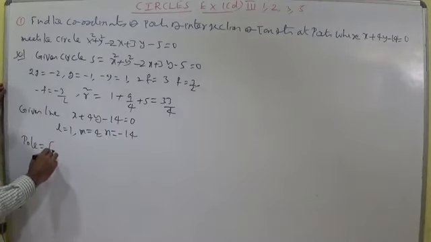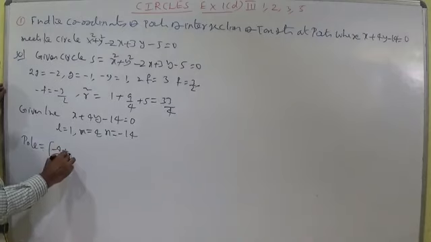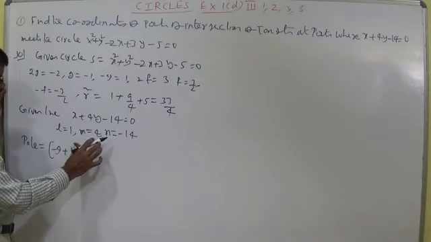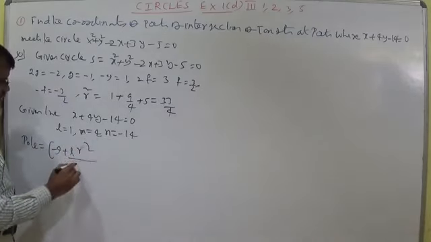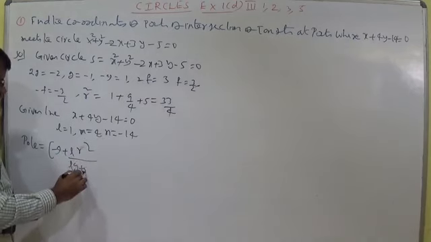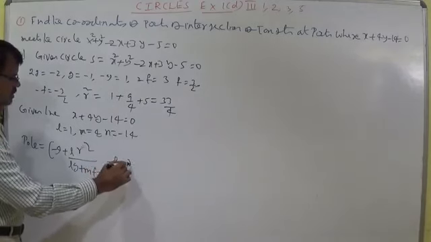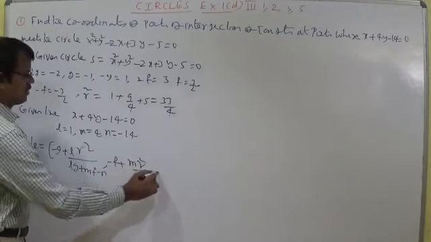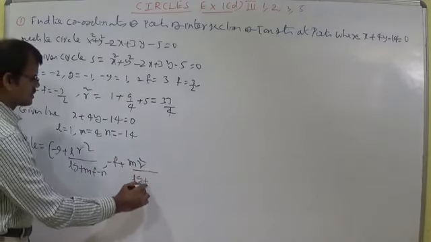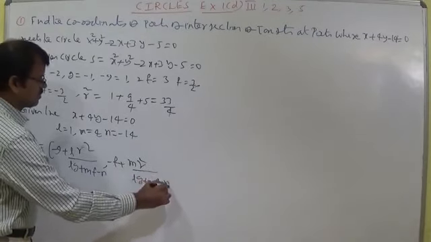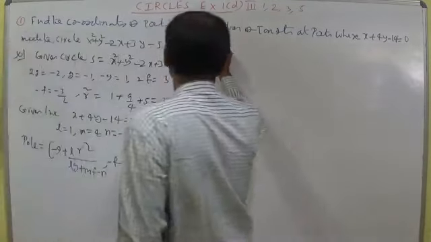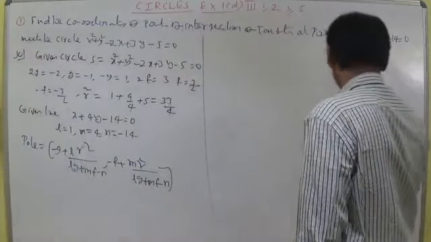Write the formula for the pole. Pole is equal to minus G plus LR square by LG plus MF minus N, comma, minus F plus MR square by LG plus MF minus N. Using the formula, substitute the values and get the pole.